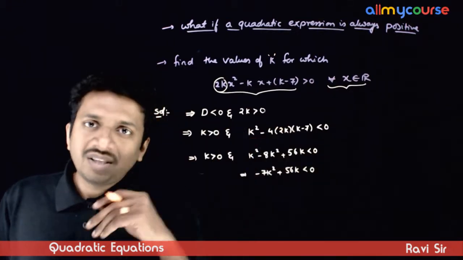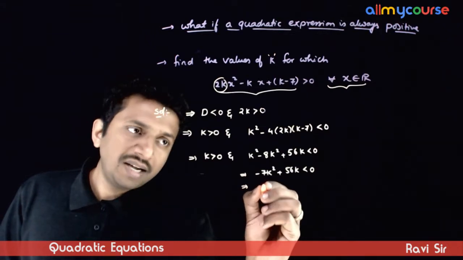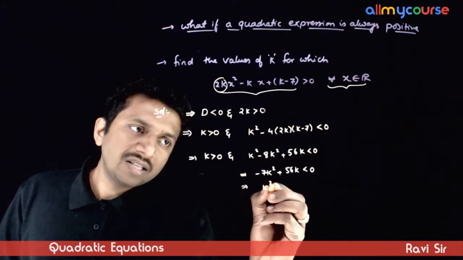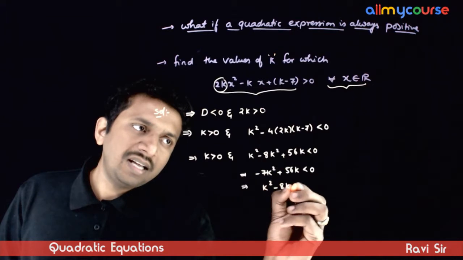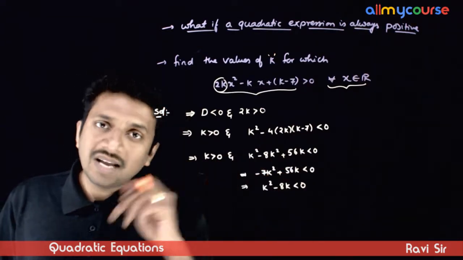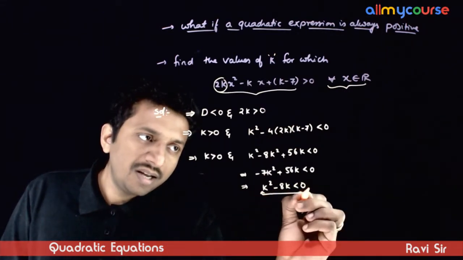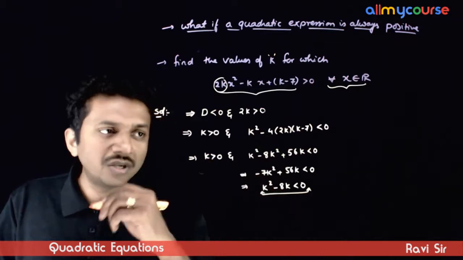So I'll divide it by -7. If I divide it by -7, you get k² - 8k is less than 0. Wait, if you divide with a negative number, the sign of inequality reverses. So it becomes k² - 8k greater than 0. Now this is a quadratic inequality whose leading coefficient is positive.